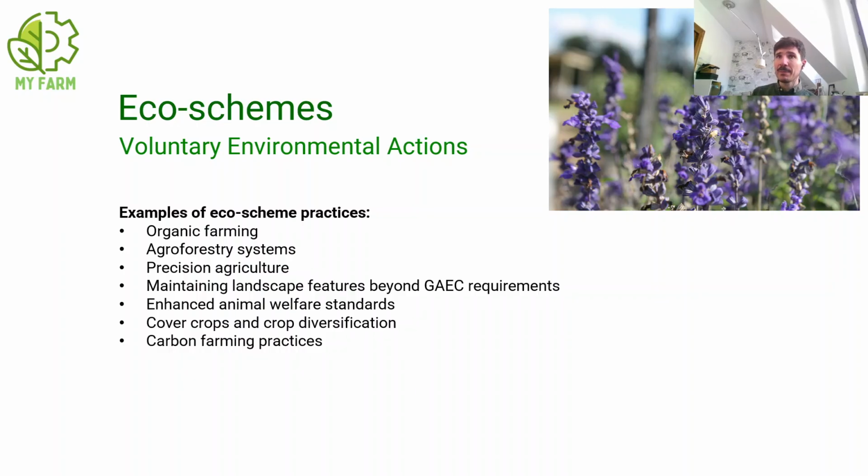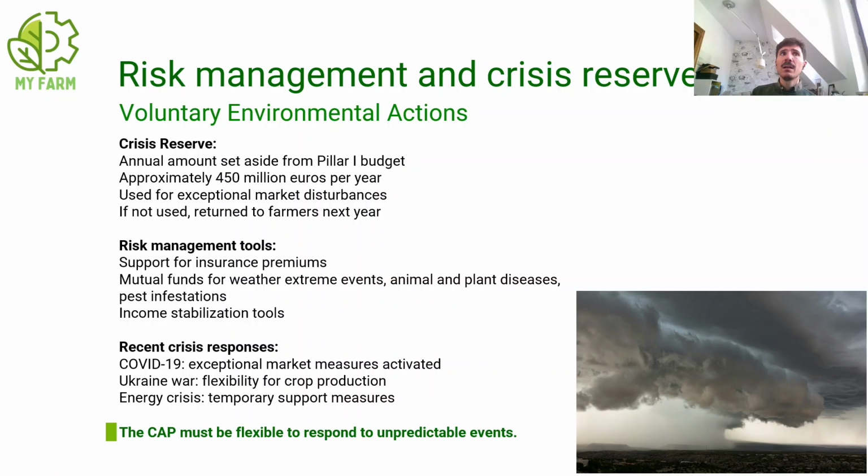In the first pillar, you also have the risk management and crisis reserve. You have an annual amount set aside from the Pillar 1 budget, approximately 450 million euros per year, and it is used for responding to extreme weather events, animal and plant diseases, and pest infestations.